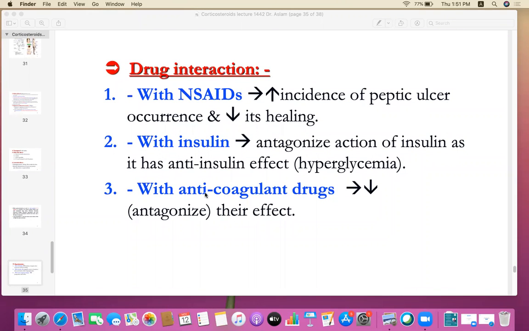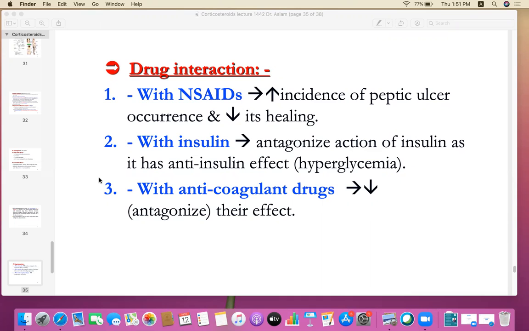Drug interaction. If you prescribe a non-steroidal anti-inflammatory drug with the corticosteroid, it will increase the incidence of peptic ulcer and decrease its healing, because you know that non-steroidal anti-inflammatory drugs already cause prostaglandin inhibition through COX-1 and COX-2 inhibition. And one adverse effect of NSAIDs is peptic ulcer.